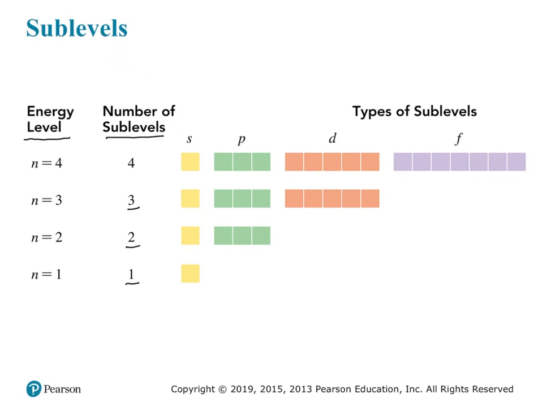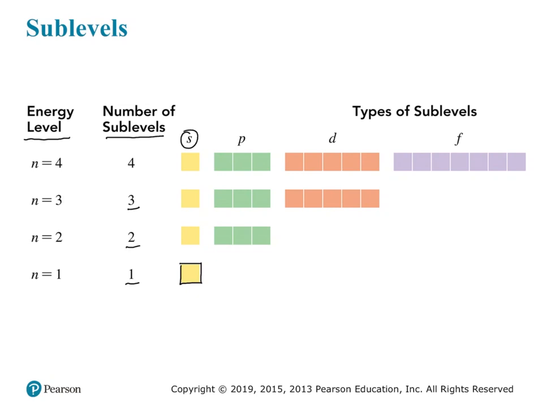So to start, let's look at energy level 1. The only type of sublevel in this energy level is the S sublevel. So there's only one sublevel, and it's an S sublevel.